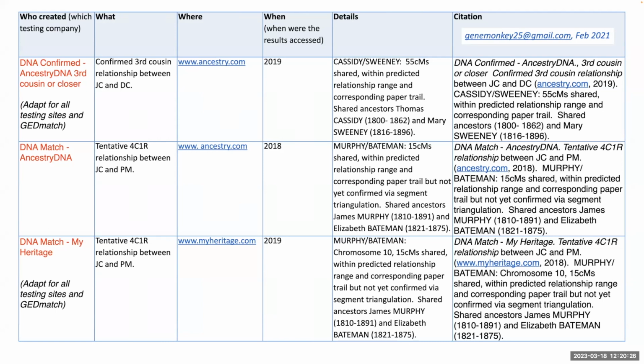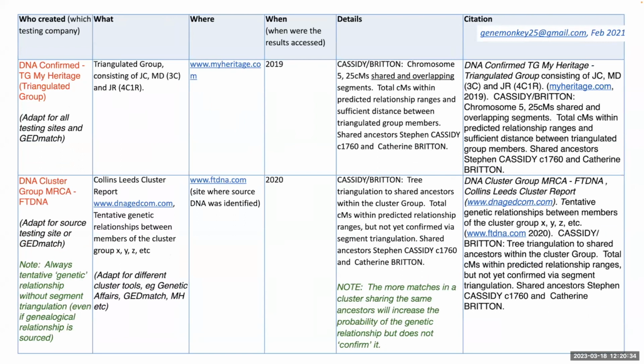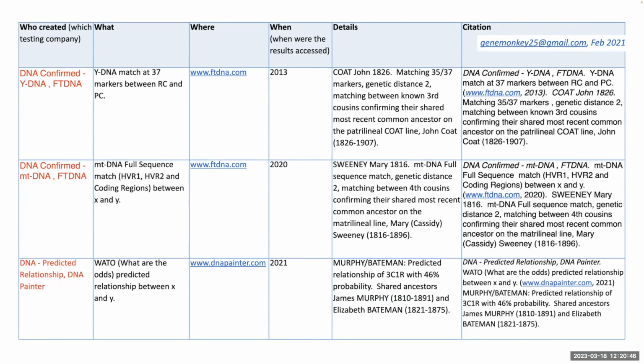But you can see there that I've got some for DNA confirmed, third cousin or closer, DNA matches at different sites, so that I was able to differentiate in the source list those different citations and different sets of DNA evidence that I might have for a particular ancestor. And going further, Y-DNA, mtDNA, and DNA Painter, etc.